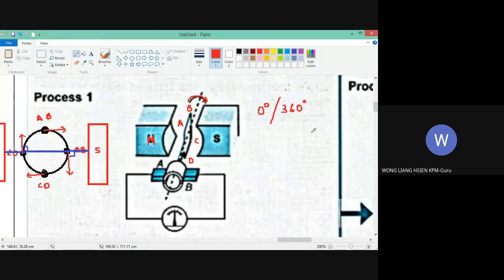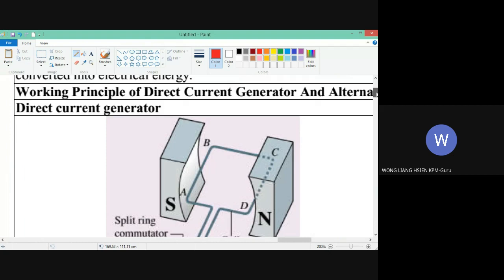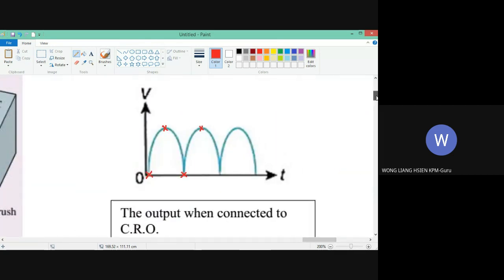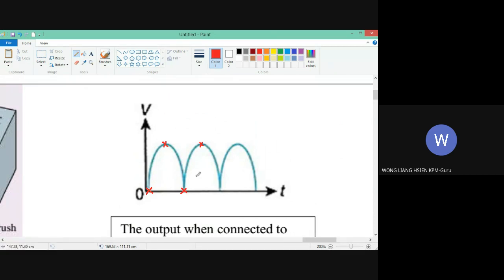Continue to rotate back to process 1, it will be 360 degree. If we label the graph with the angle of rotation, then it will be 0 degree, 90 degree, 180 degree, 270 degree, and 360 degree.